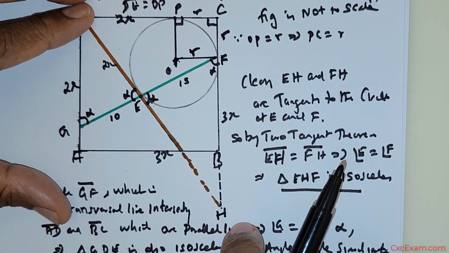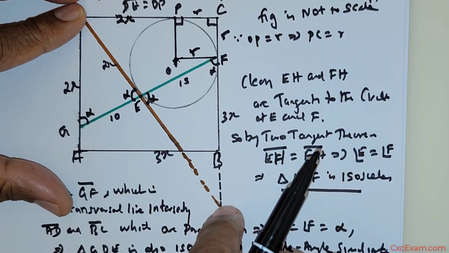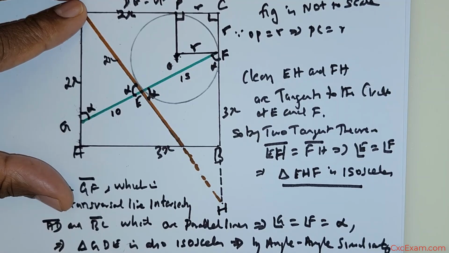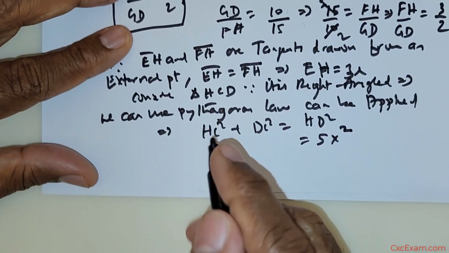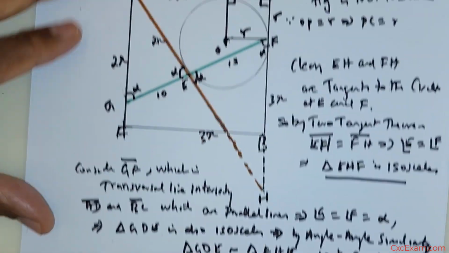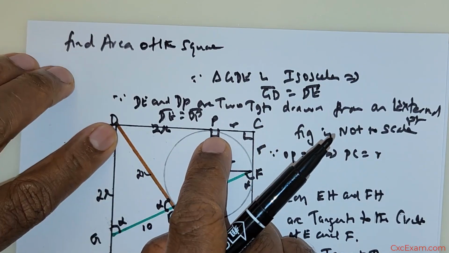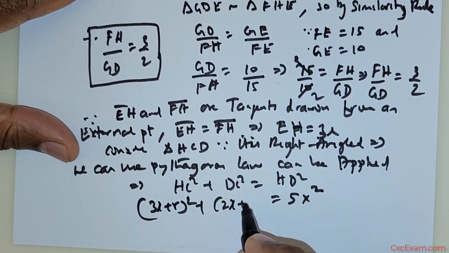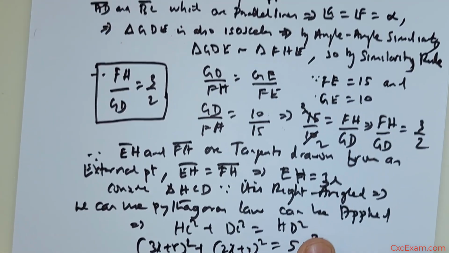Now this entire length HC is 3x plus R, the whole squared, and DC, this length is 2x plus R, the whole squared. So we have to solve this.